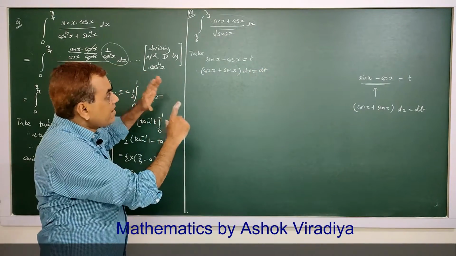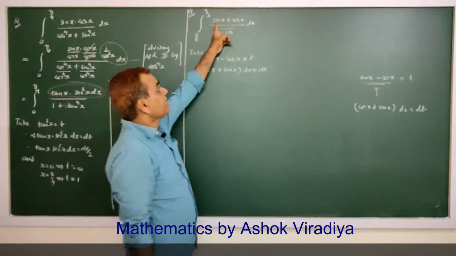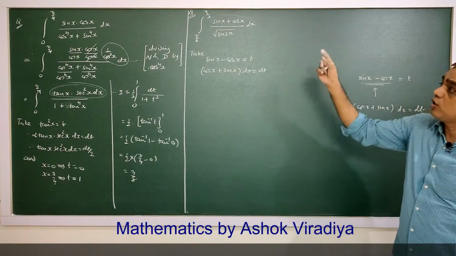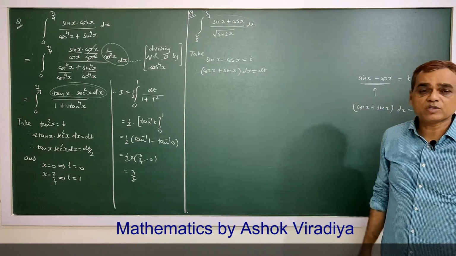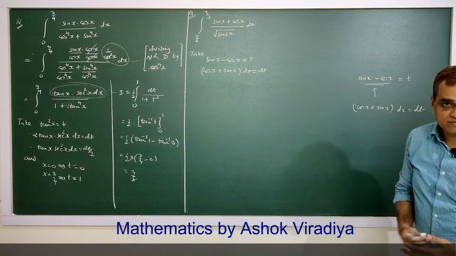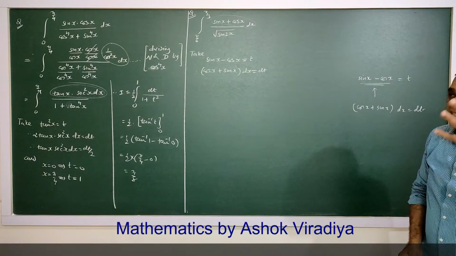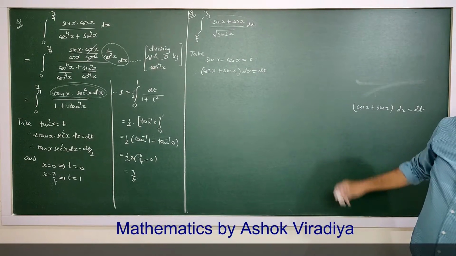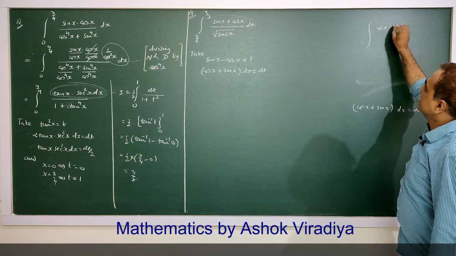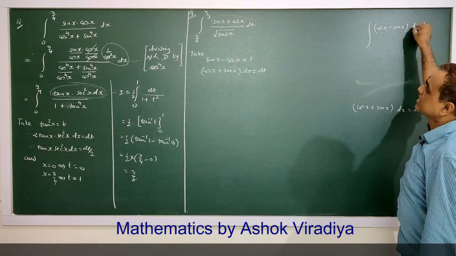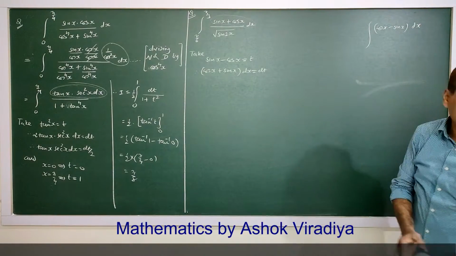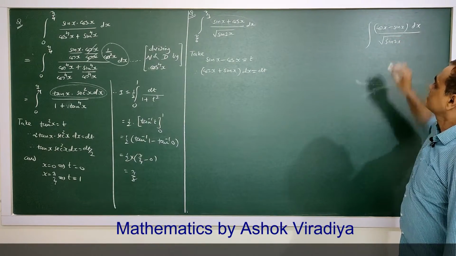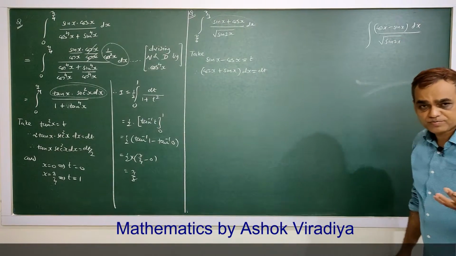So we apply this method when sin x plus cos x is given, or sin x minus cos x, or cos x minus sin x. Suppose in the numerator you are given cos x minus sin x dx, a little change. Then what should we do?